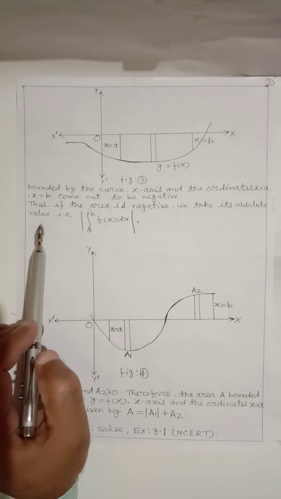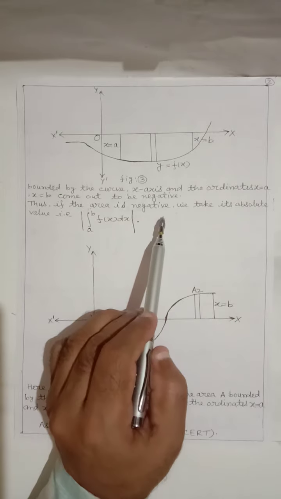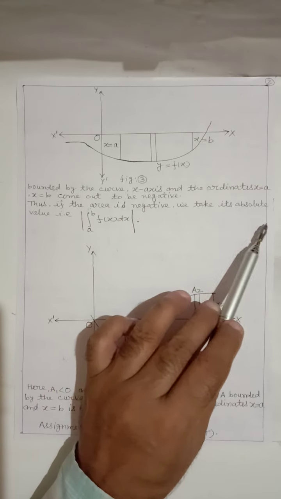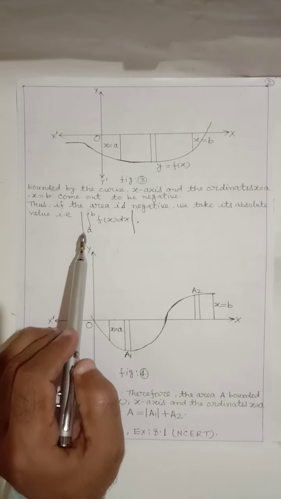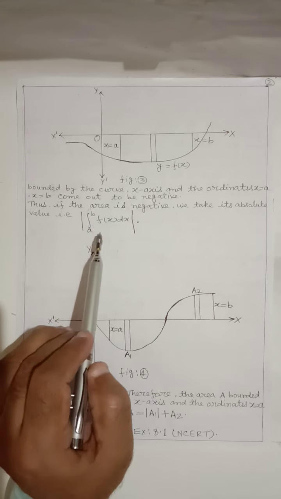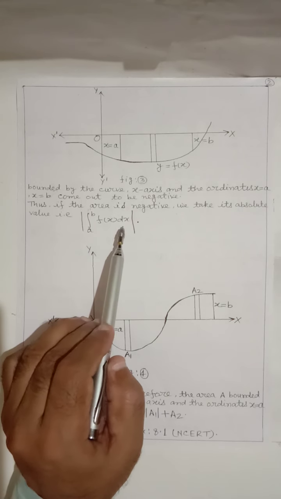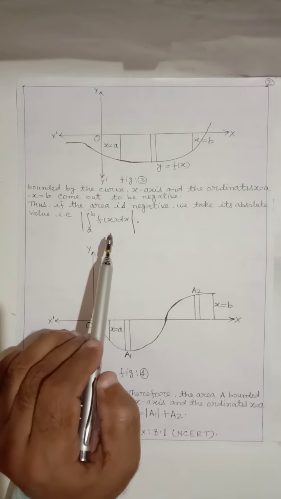Dear students, if the area is negative, we take its absolute value, that is mod of the integration from a to b of f(x) dx, and this is positive.